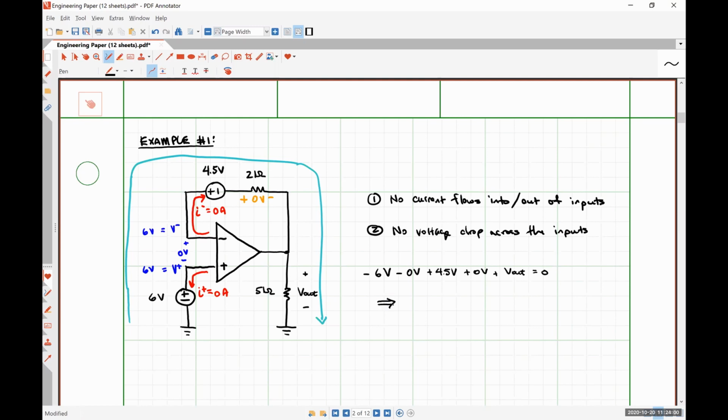And we can rearrange this and we would find that V out is equal to 6 volts minus 4.5 volts, which is simply 1.5 volts. So we've successfully analyzed our first op-amp problem predominantly by applying the two ideal op-amp rules and then using elementary circuit analysis techniques like Ohm's law and Kirchhoff's voltage law in this case.